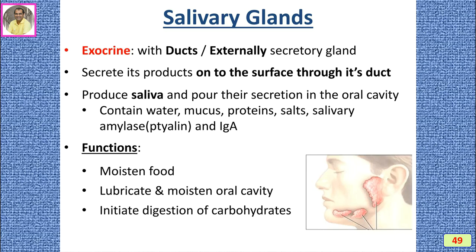The quantity of saliva produced by an adult ruminant cow is about 70 to 80 liters. The function of the saliva is to moisten the food, lubricate, and keep the mouth cavity always moistened with the mucus, and many times to initiate digestion of carbohydrates.